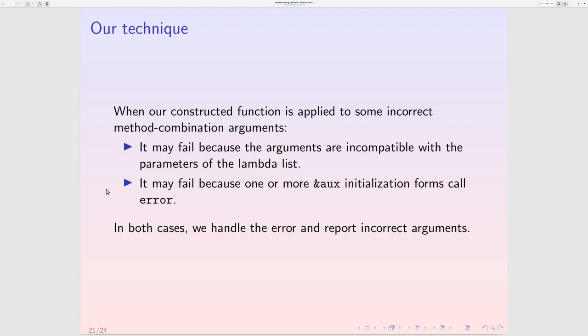Or it may fail because one or more of the initialization forms in the aux parameters call error. And in both cases, we handle the error and report incorrect arguments. So this is our way of early report of incompatible arguments to the particular method combination type.